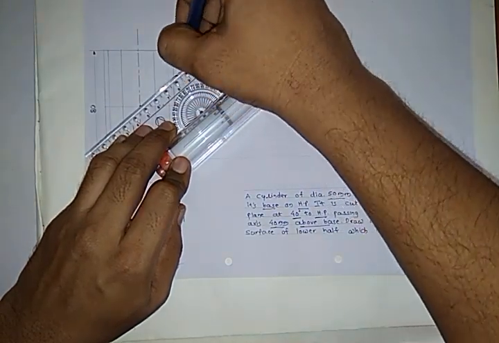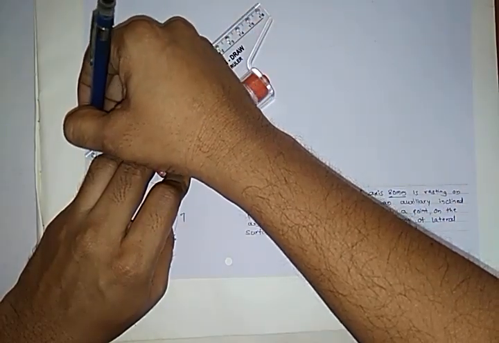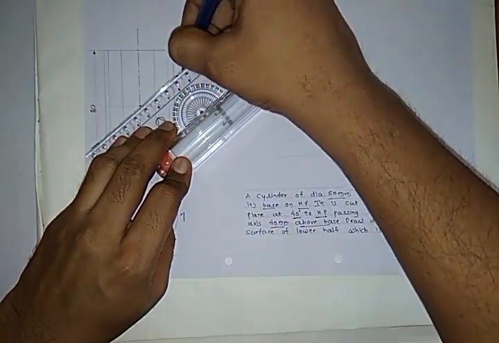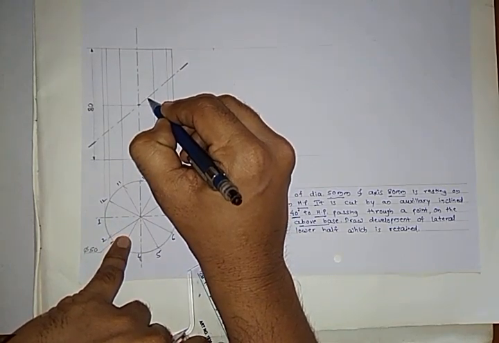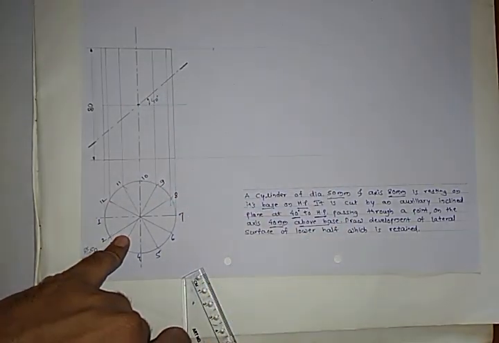So the ends should be thick. If it is a cutting plane, ends should be thick. Okay, so this is the position of the cutting plane. So this inclination is 40 degrees, right?